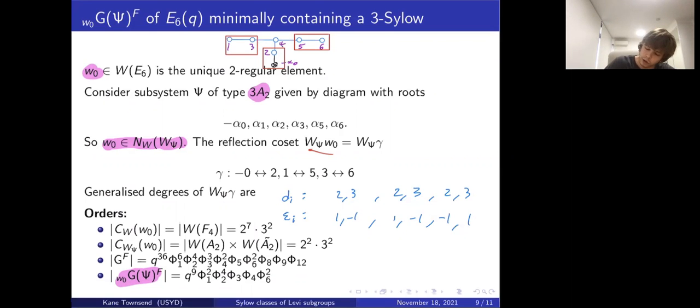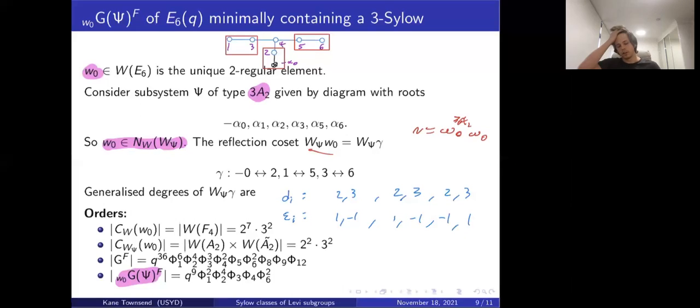So what you do is you change the representative, and in this case, gamma is equal to the longest element of 3A2 times the longest element of E6. And then this will give you an automorphism that's a little bit simpler, because it sends minus alpha 0 to alpha 2, alpha 1 to alpha 5, and alpha 3 to alpha 6.